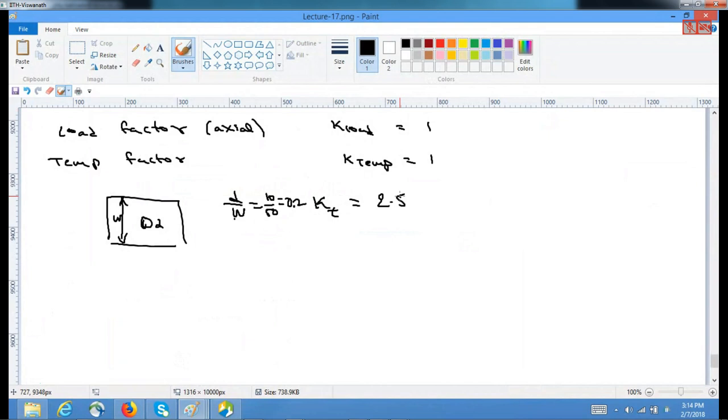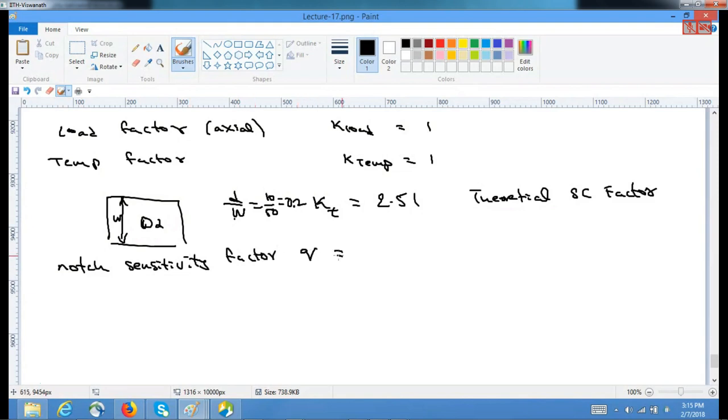And Q, the notch sensitivity factor, is given as 0.8.